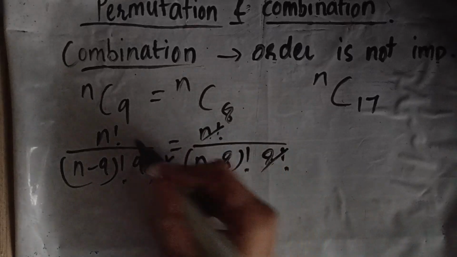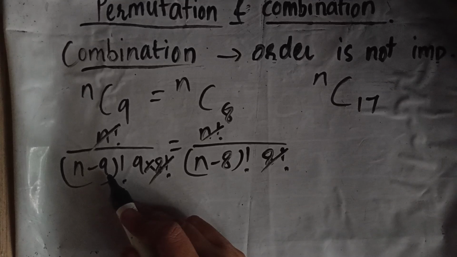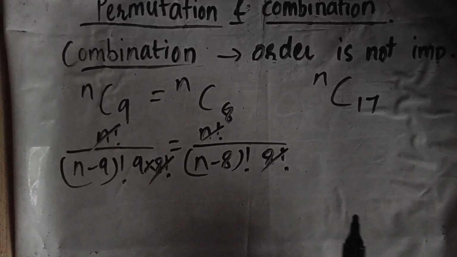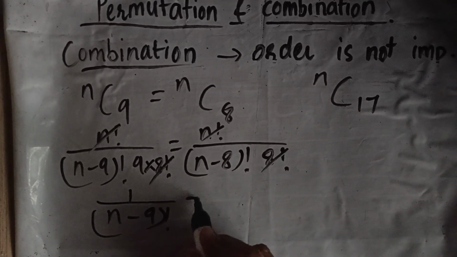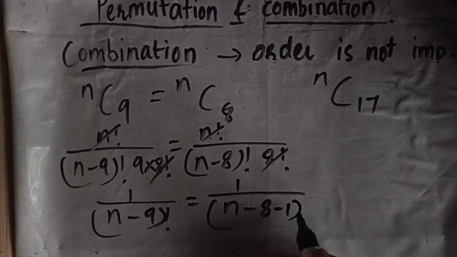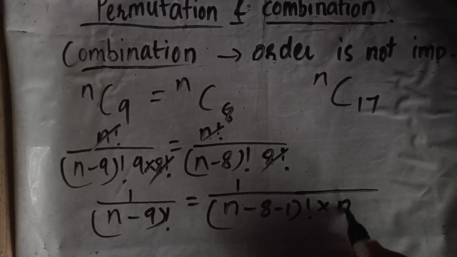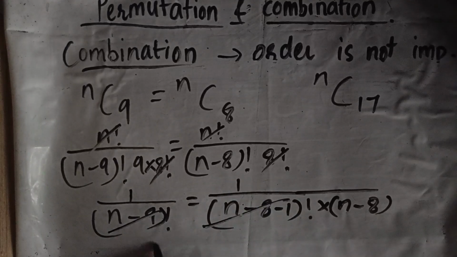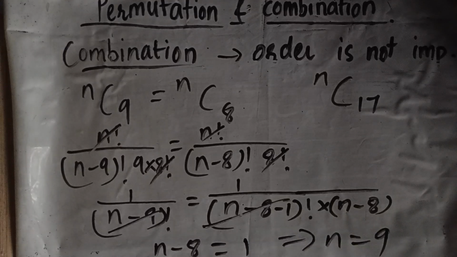So 8 factorial gets cancelled. This also gets cancelled. We can write n minus 8 as n minus 9 plus 1. So you will get n minus 8 equal to 9.